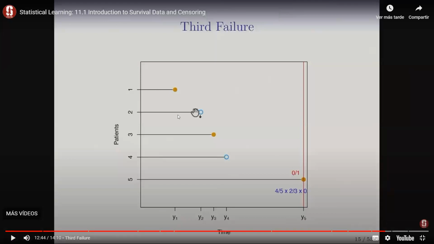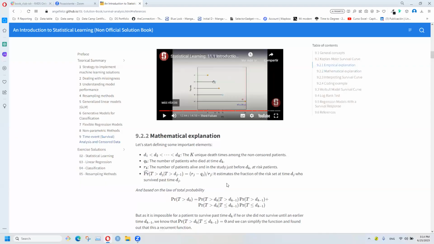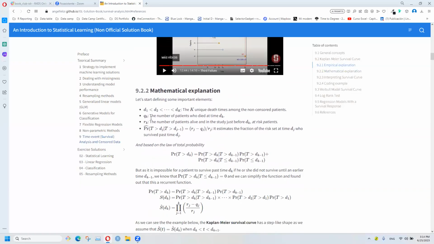So we pick the time value for each one. Then we count the number of patients who died at each time. It's like we are creating a table. And we count the number of patients that were alive in the study before that time, the at-risk patients.